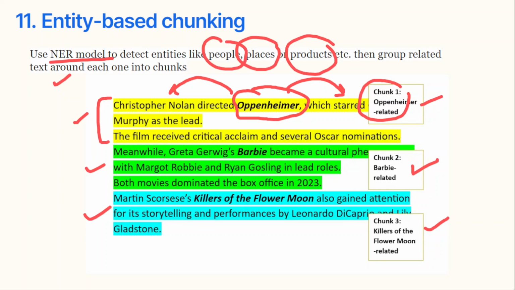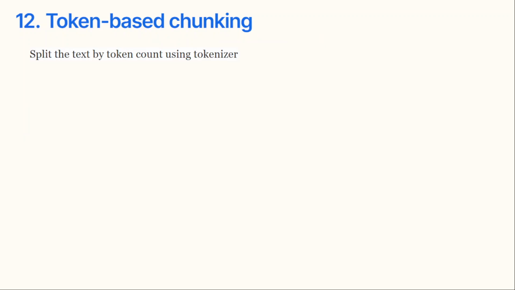Where do entities matter? Whenever you want all the information related to a specific entity, let's say Oppenheimer, entity-based chunking works very well because you are not losing any information around that keyword. I hope you understand where you can use entity-based chunking.